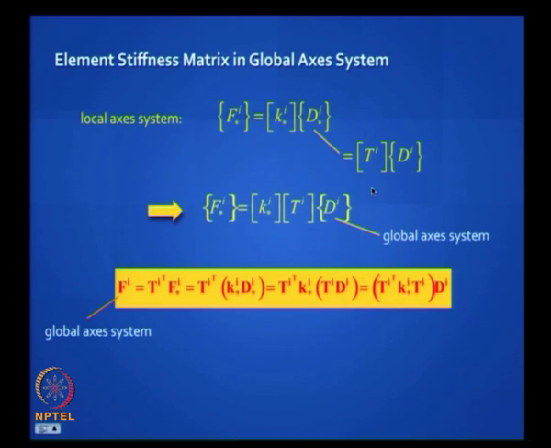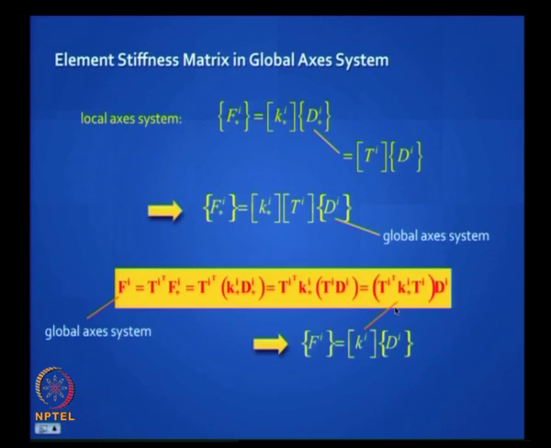And now if I do that, I am able to get into the global axis system, and Fi is also Ti transpose F star i. Remember, you plug this in there, you get F star i is K star di star from first principles, and when you substitute here, finally you will get it in this form. This is a standard form, this is a standard transformation we do.